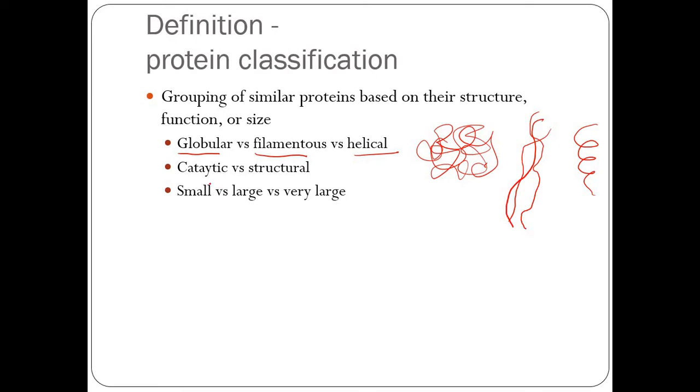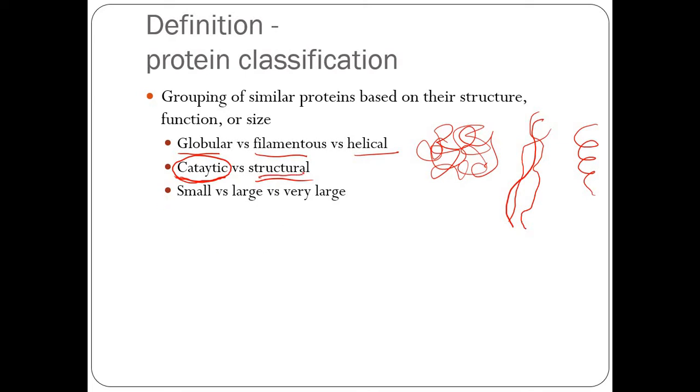And then we could also group the proteins in terms of function. So in terms of function, they could either be catalytic or they could be structural. So catalytic, most of the proteins are classified as catalytic because they act as catalysts. So mao na ang gitawag natong enzymes. Those are the biological catalysts or the substances that speed up a reaction.